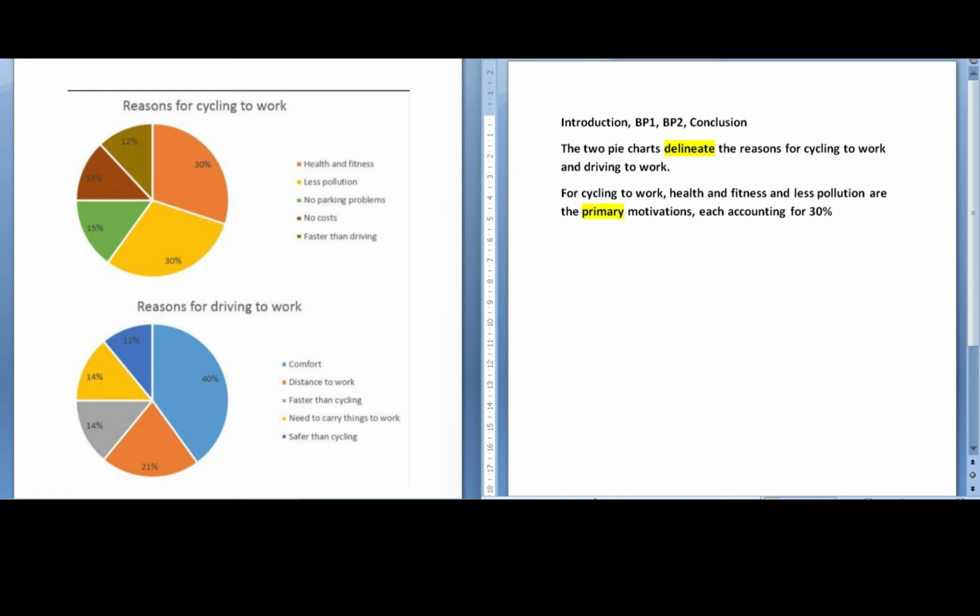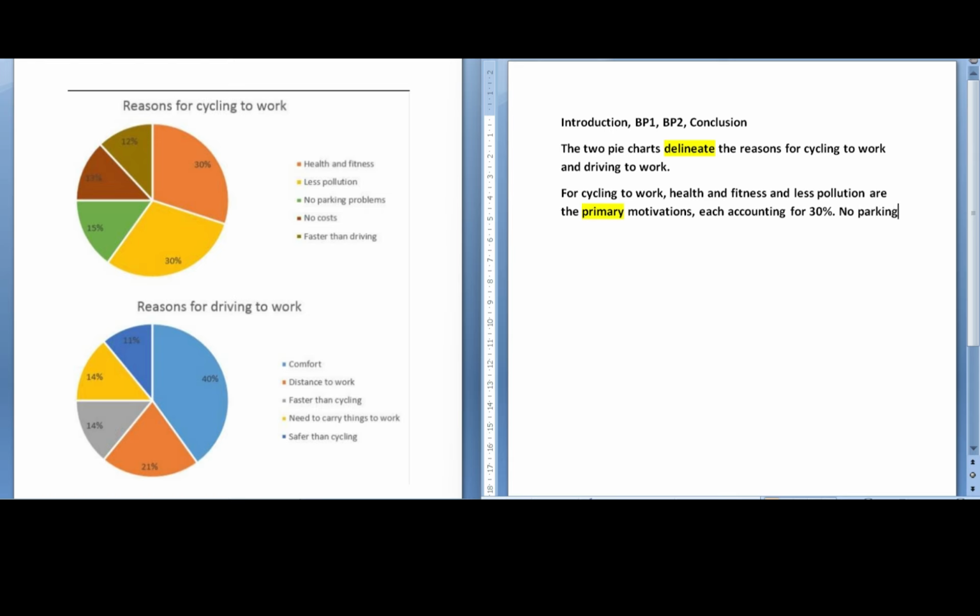Instead of making two lines, you have to write down precisely but with good vocabulary. Okay, so that is why I have explained health and fitness and less pollution are the primary motivations because this has the largest portion in terms of percentage, each accounting for 30%.